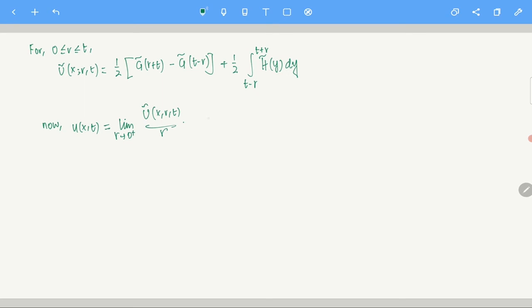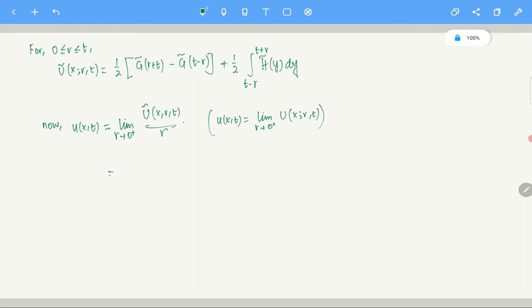See, u(x, t) is the limit as r tends to 0 plus of U(x, r, t). You remember U(x, r, t) is the average over the sphere. If you take the limit as r tends to 0, that average converts to small u. So that's what I just wrote, and then I use the definition of capital U.